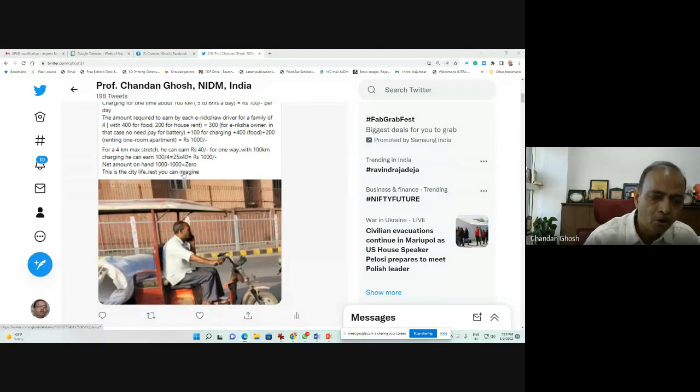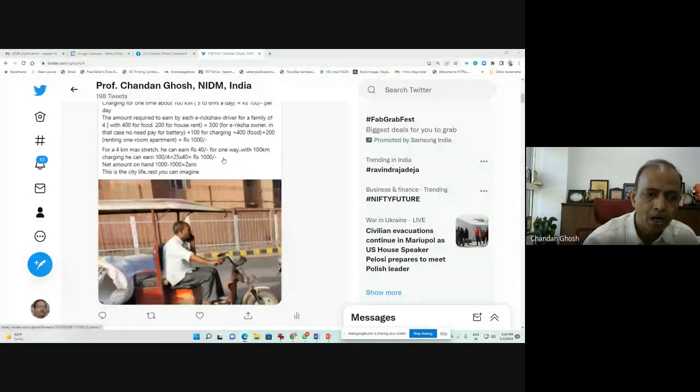Now look at how much he can earn after one charge, which can run 5 to 6 hours, limited by a maximum of 100 kilometers. For a maximum stretch of 4 kilometers, sometimes 3 to 4 kilometers, sometimes 2 kilometers also, he can take only 4 people, and each one is fixed to pay only 10 rupees per ride.